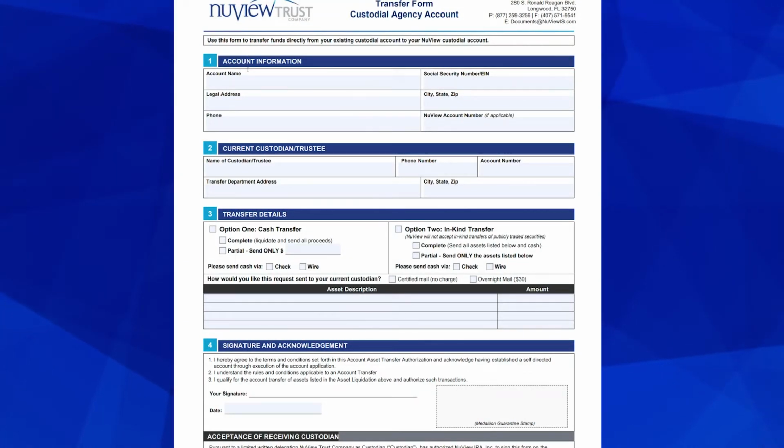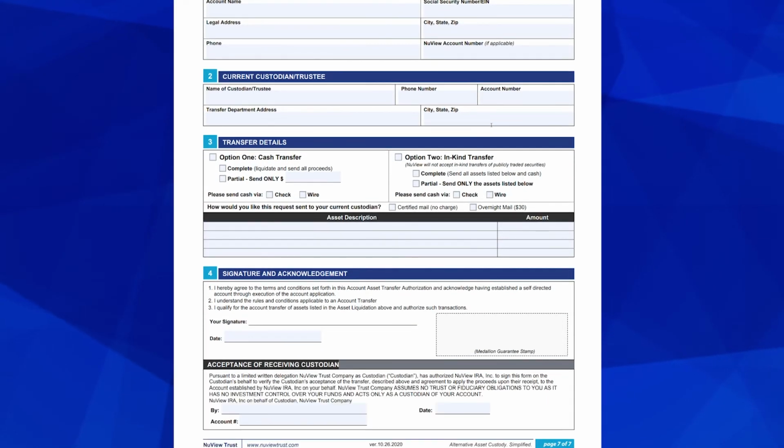Similar to an IRA transfer form, we're looking for account information in Section 1: account name, social security number or EIN, depending on the type of organization that is being established for this account. Legal address, city, state, zip, phone number, and the NuView account number if applicable. If this is your first time filling out a transfer form because the account is not yet established, please leave that blank.